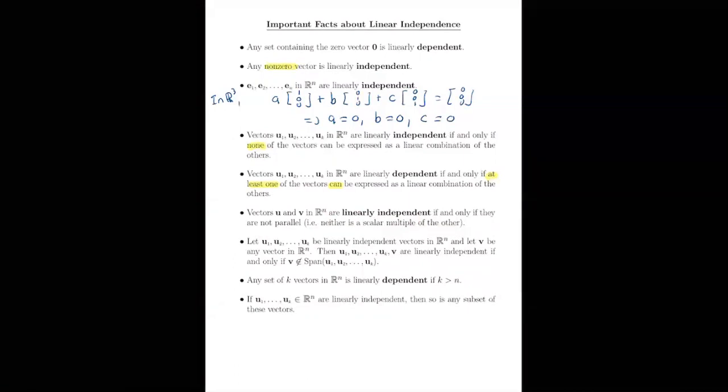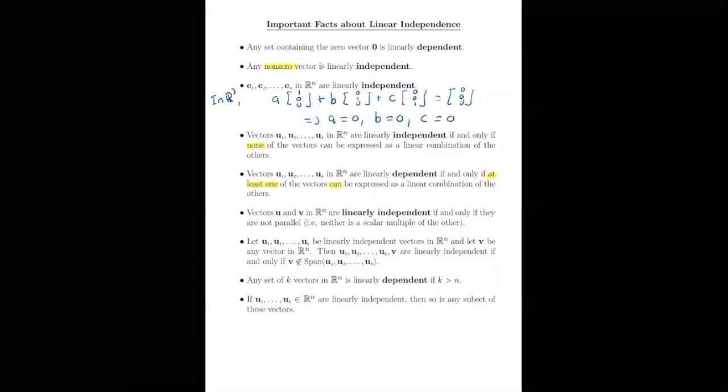Okay, so we've got a few more points here. Now we're going to let U1 up to UK be linearly independent vectors. So we're going to start with a set of independent vectors, and we're going to let V be any vector. And for this point, the rule is that the set of U1 up to UK, including V, this new set that we've just formed, is linearly independent if and only if V is not in their span.